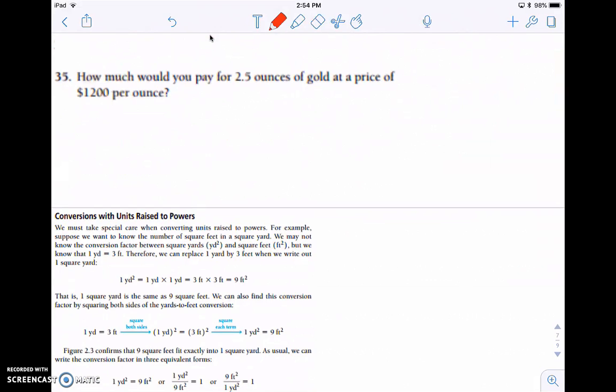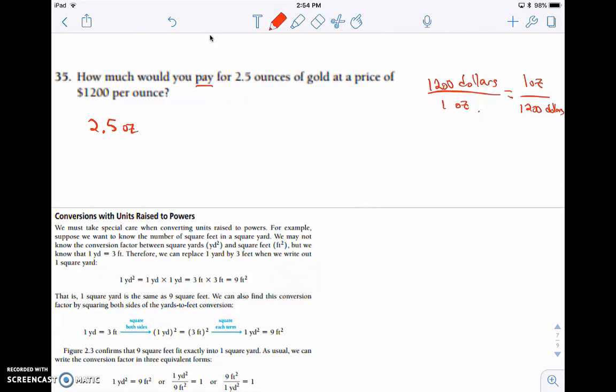Okay, lastly, how much would you pay for 2.5 ounces of gold at a price of $1,200 per ounce? So again, it's $1,200 for every 1 ounce, or 1 ounce is $1,200. That says dollars. So we're starting with 2.5 ounces, and we want to know how much you would pay.